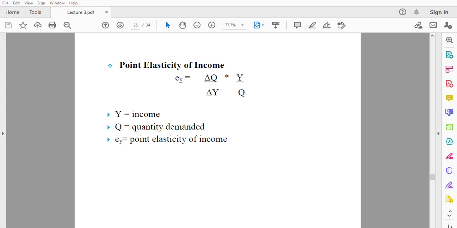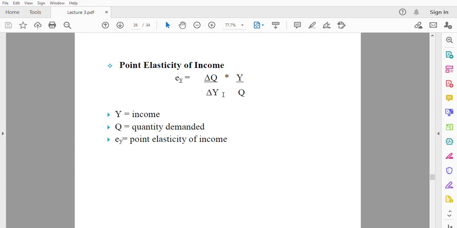Right. Alright, so let's look at how to calculate income elasticity of demand. So the secret about elasticity is, what you have to know is the nature of the formula. The formula is always the same, like this. If it is price elasticity of demand, this becomes P. If it is cross elasticity of demand, if this is QX, this becomes PY.